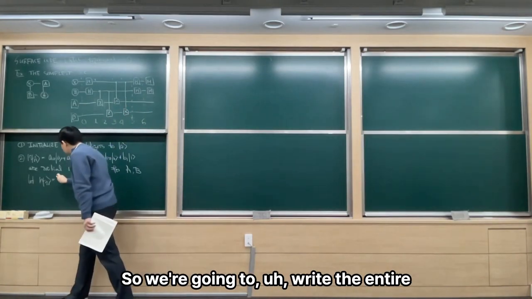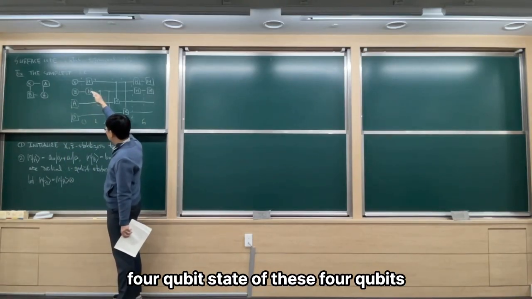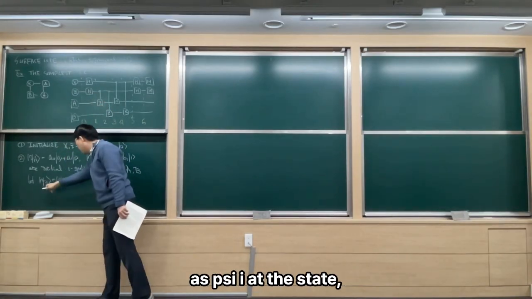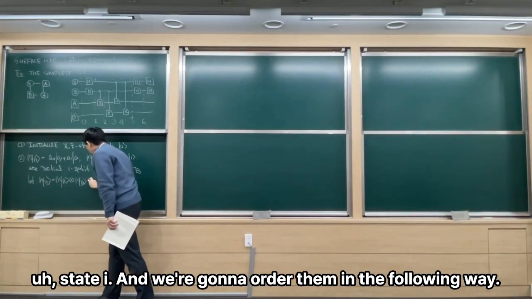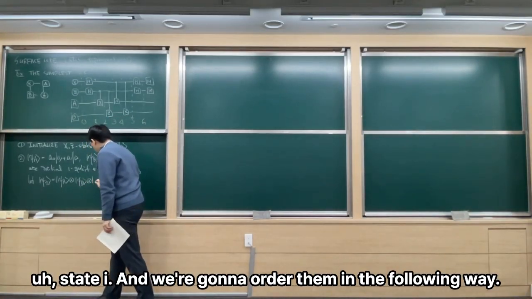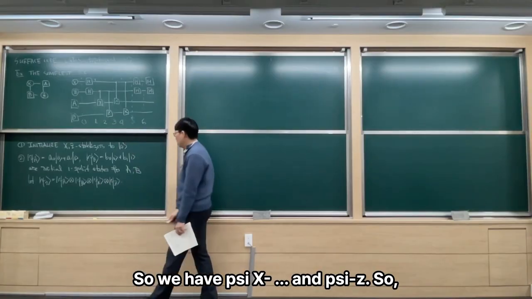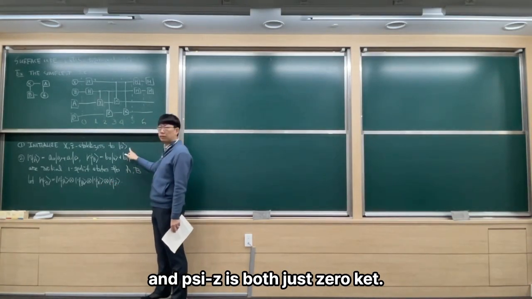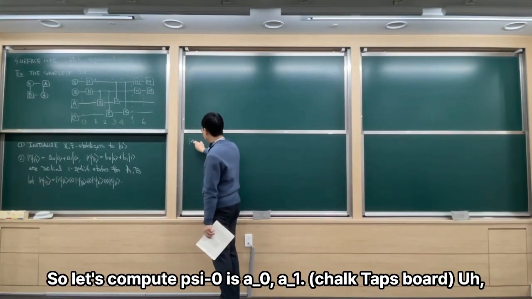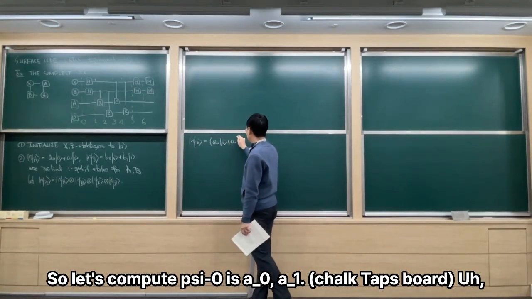So we're going to write the entire 4 qubit state of these 4 qubits as psi i, and we're going to order them in the following way. So we have psi X and psi Z. At the initial step 0, psi X and psi Z are both just 0 ket. So let's compute. Psi 0 is A0, A1.